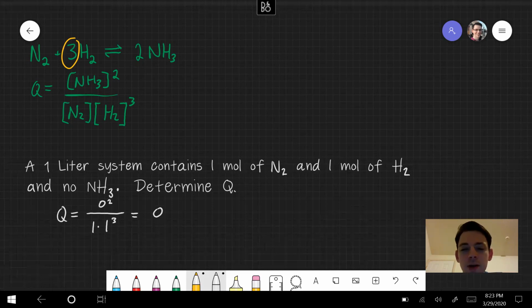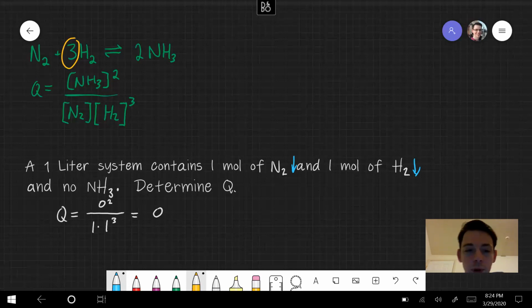But Q wouldn't stay 0 for very long. What would happen if we were to wait? What would the reactants do if they're mixed together in a container? Well, they're going to react. We can't stop that from happening. When they react, the amount of H2 and N2 is going to go down. It's going to decrease, meaning the denominator is going to get smaller.